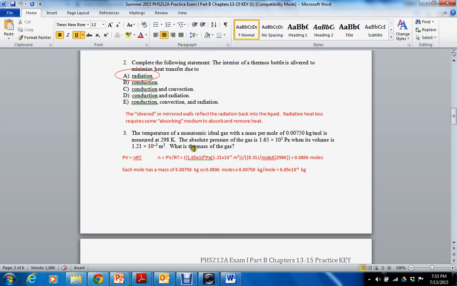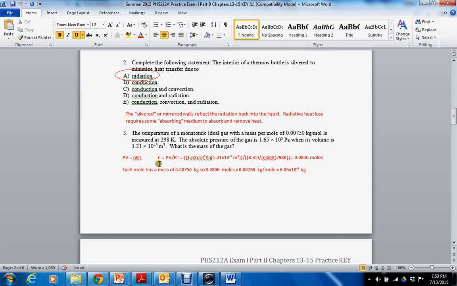The temperature of a monatomic ideal gas with a mass per mole of 0.00750 kilograms per mole is measured at 298 K. The absolute pressure is 1.65 times 10 to the 5th pascals when its volume is 1.21 times 10 to the negative 3rd cubic meters. What is the mass of the gas? All right, so PV equals nRT.